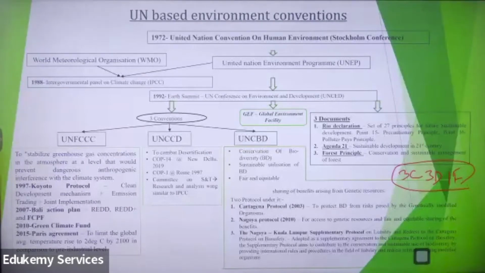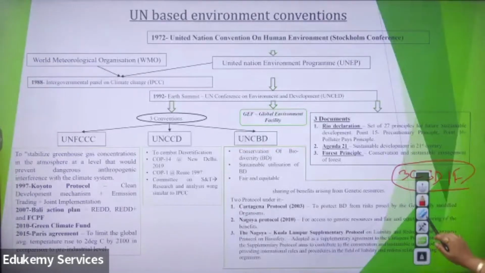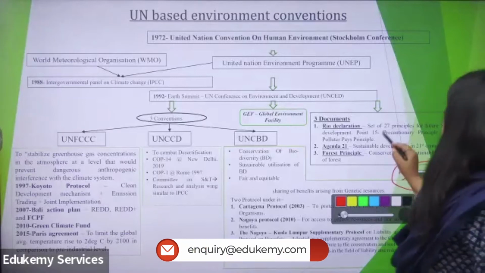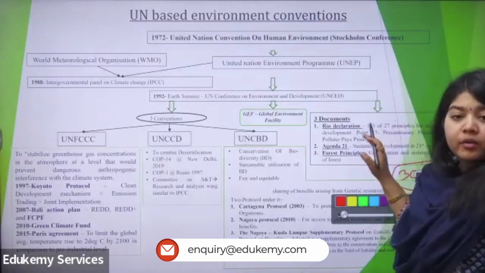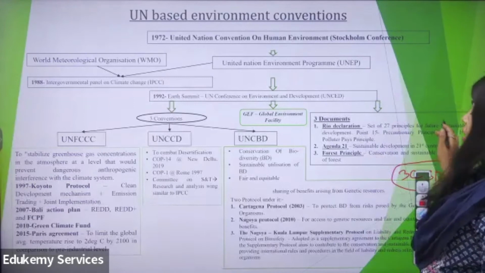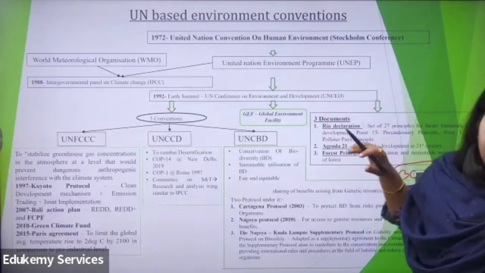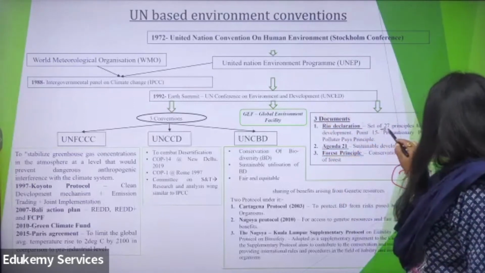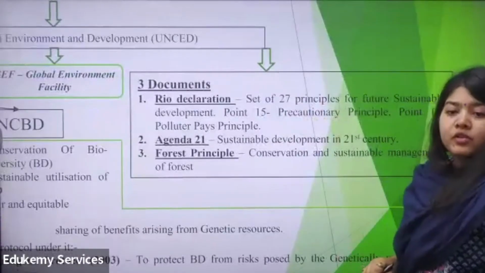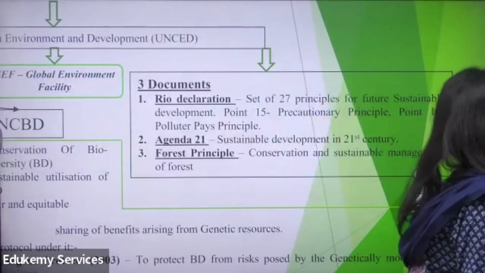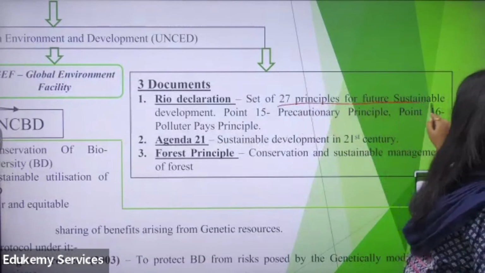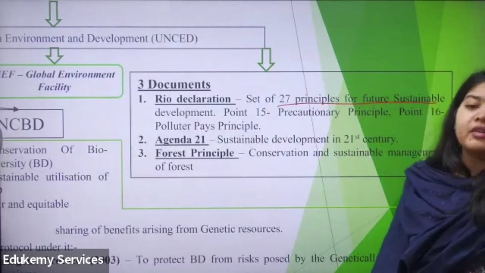documents which were the outcome of the Rio Summit were the Rio Declaration. Now in the Rio Declaration, for the first time, the entire world signed 27 principles for future sustainable development.